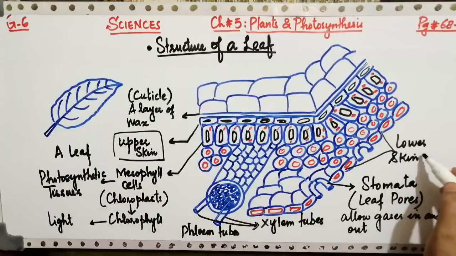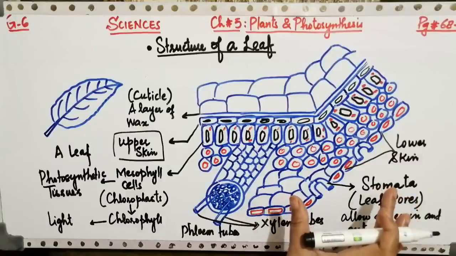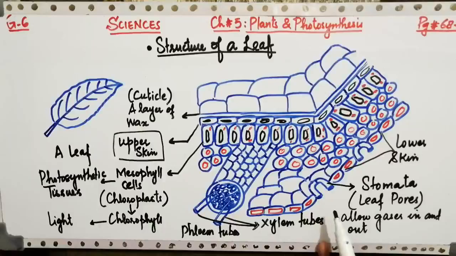So this skin is called lower skin because it is present at the lower area or the below area of leaf. So this is the complete structure of leaf, not only externally but also internally.